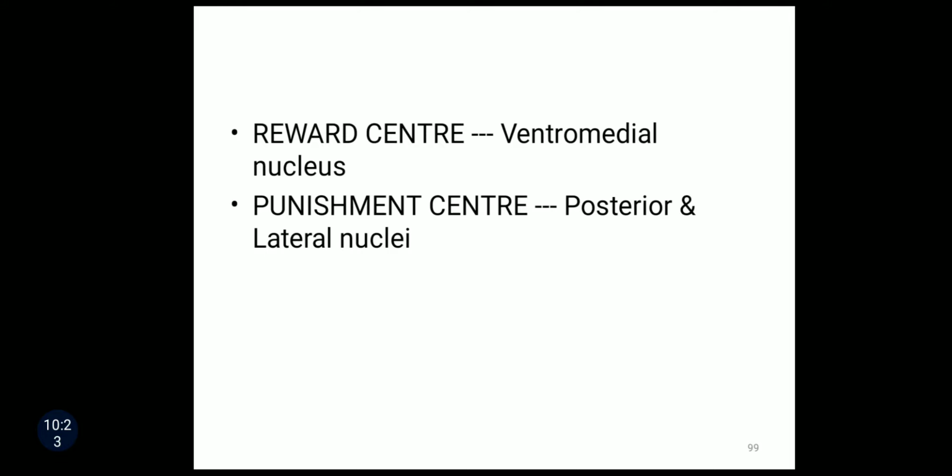Then the second center is the punishment center. This punishment center is situated in the posterior and lateral nuclei of the hypothalamus. Stimulation of this center will produce elements of disagreement like pain, fear, defense, and escape reactions.